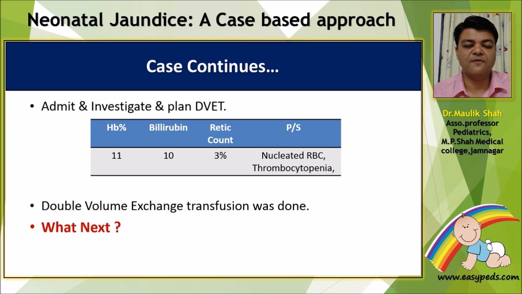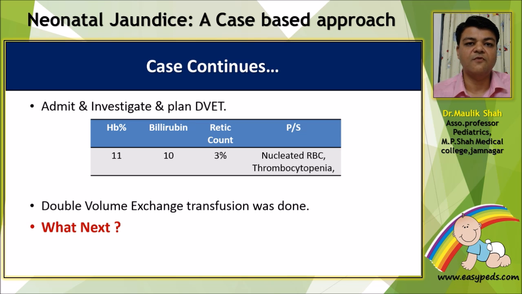At 12 hours of life, the baby's parameters were: HB 11%, bilirubin 10%, retic count 3%, and the peripheral smear was suggestive of nucleated RBCs and thrombocytopenia. Double volume exchange transfusion was done in this baby.